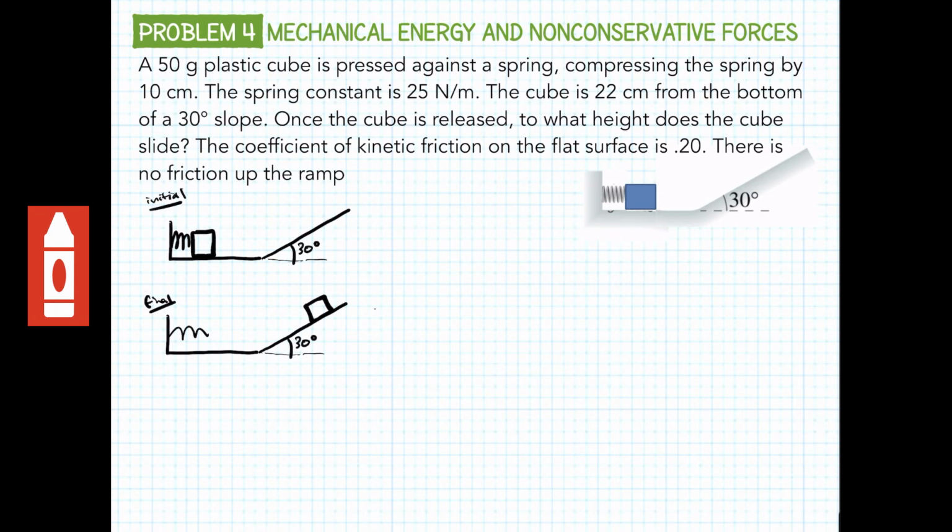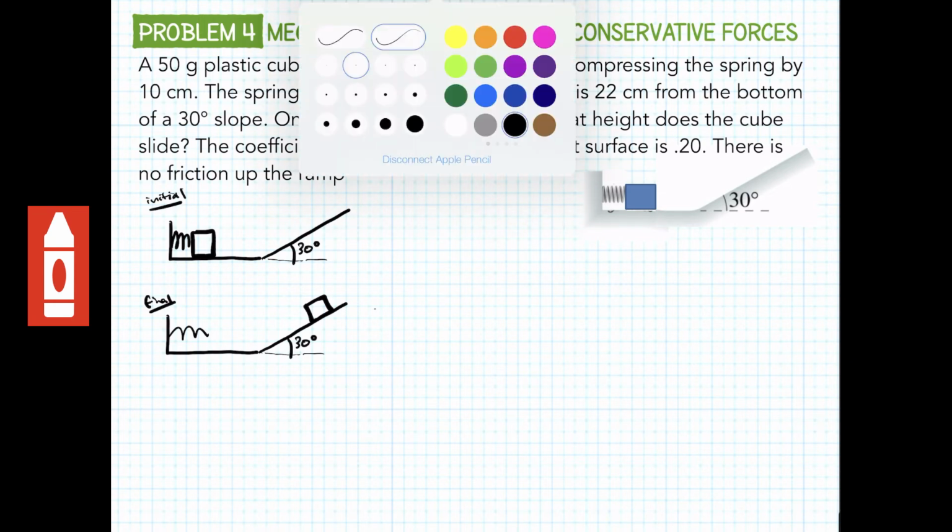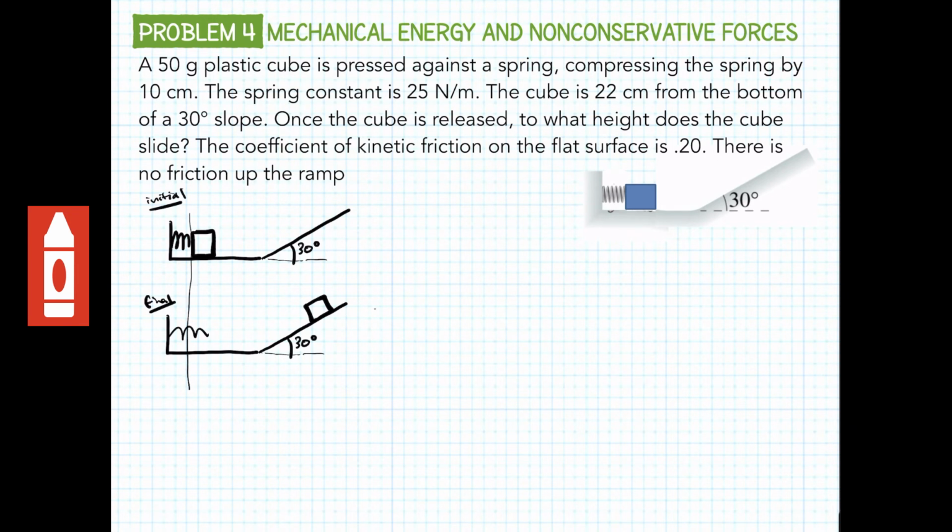So the spring goes from here to here. We call that delta X, and that is 10 centimeters.